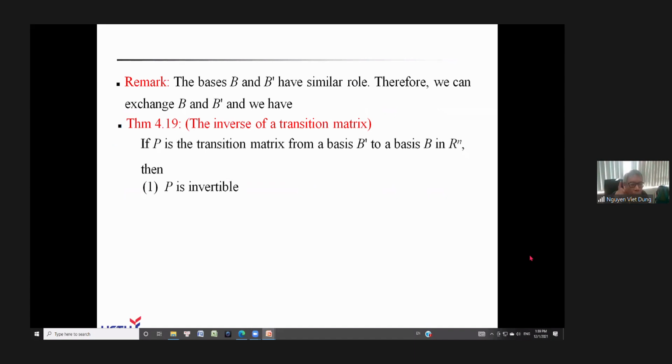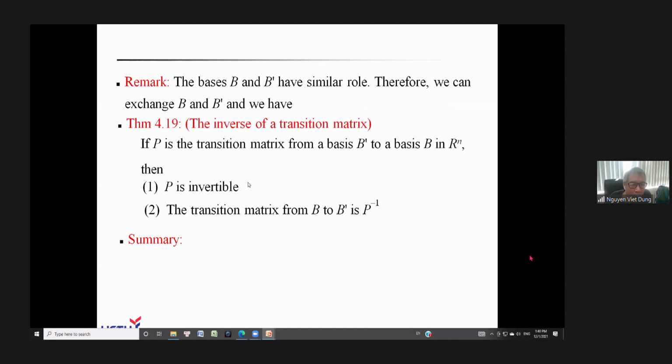But now we claim that P is invertible. The second one: now if we consider the transition matrix from B to B prime. In the previous slide, we defined the transition matrix from B prime to B, but now from B to B prime. So the transition matrix from B to B prime is exactly P inverse. It is the inverse of the transition matrix from B prime to B.